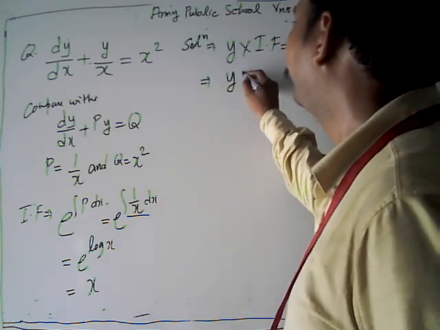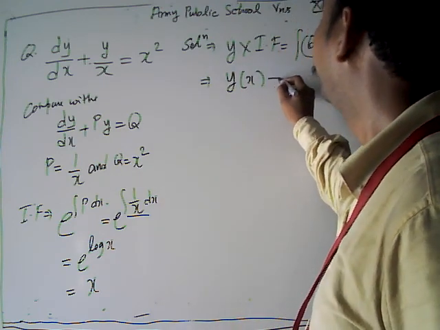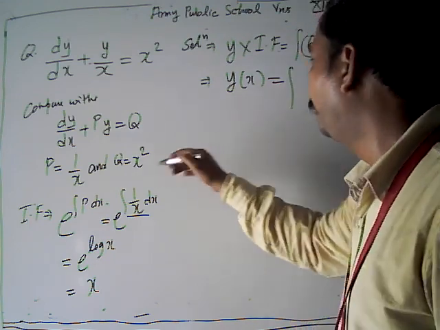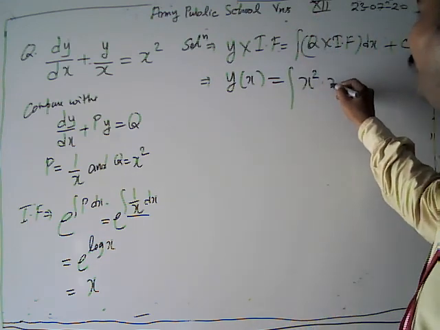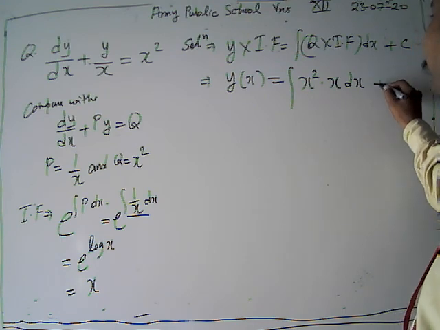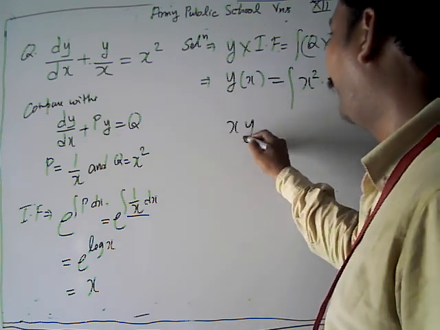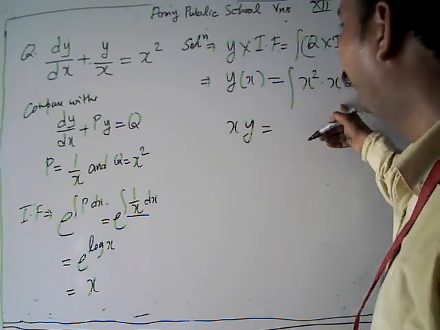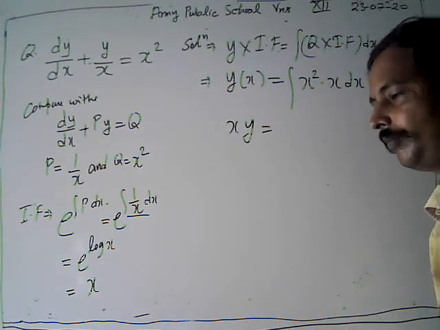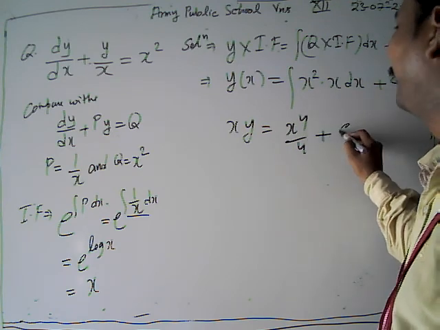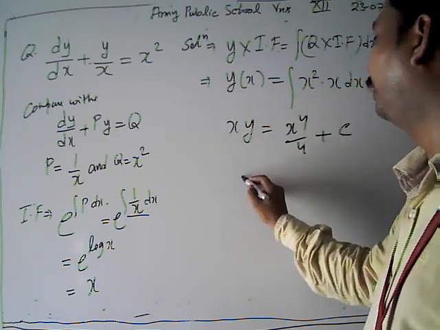We have x, so y into x equals integration of q, which is x square, into x dx plus c. Then here we get y x equals integration of x cube. What is the integration of x cube? Yes, we get x to power 4 by 4 plus c. Now divide all the terms by x.